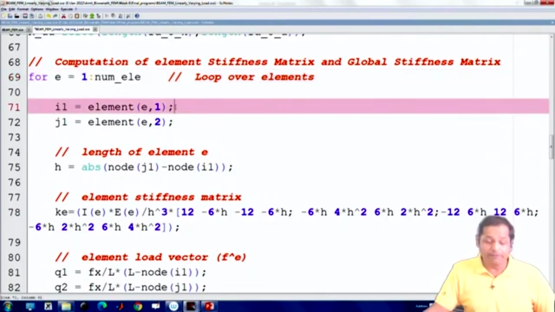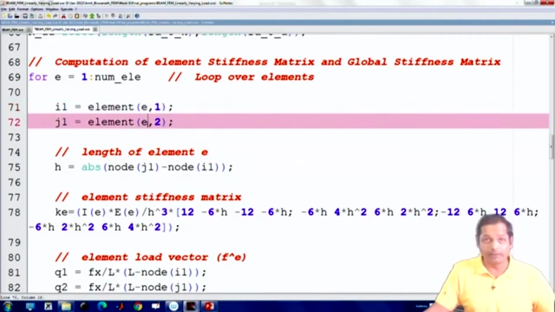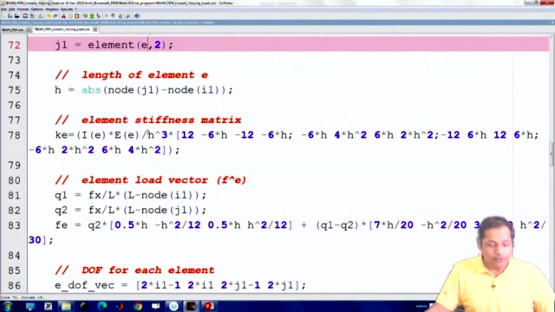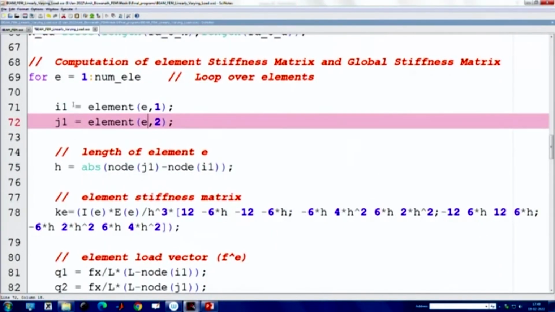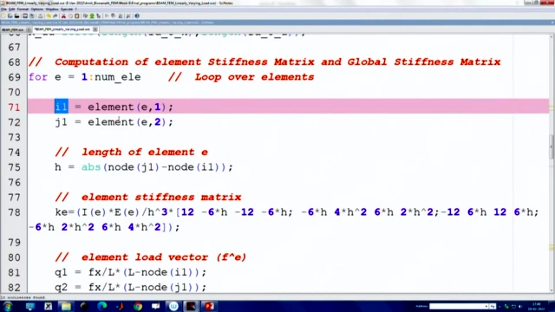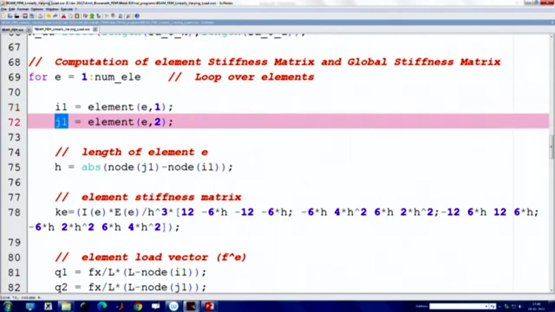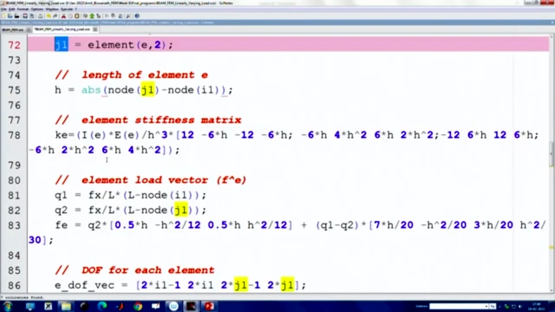I1 will give you the first node of the element and J1 will give you the second node, so this element is connected between node number I1 and node number J1. With respect to the local element coordinate system, at node number I1 we have degrees of freedom 1 and 2, and at node number J1 we have 3 and 4.